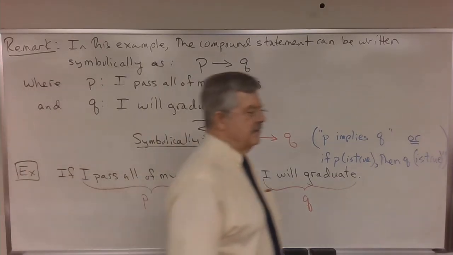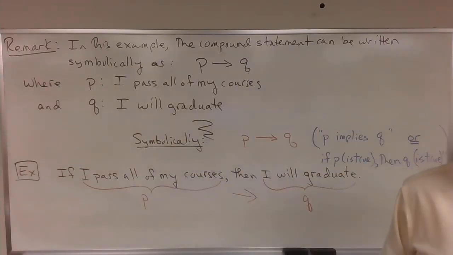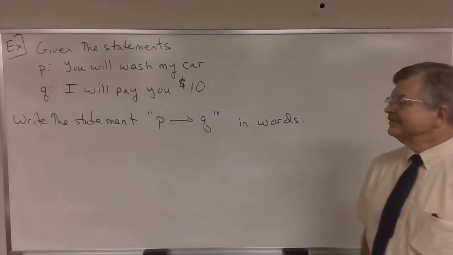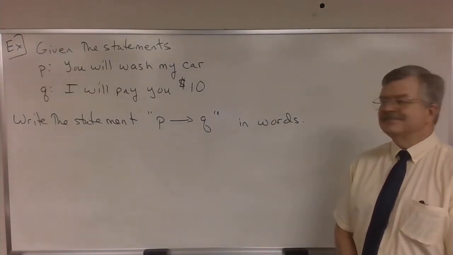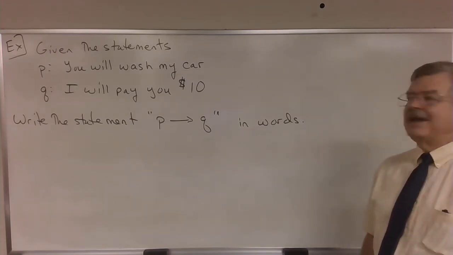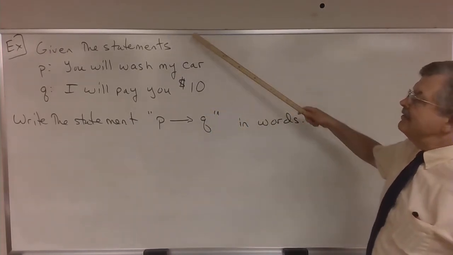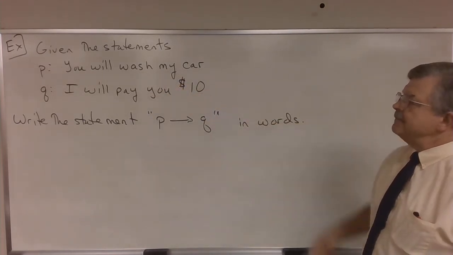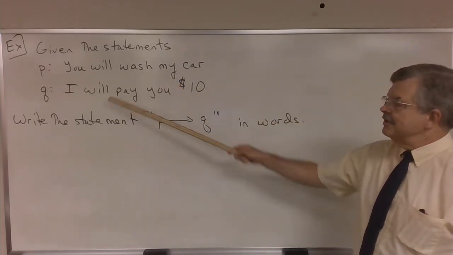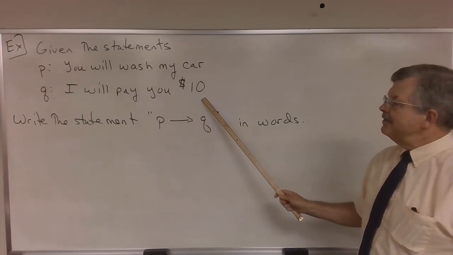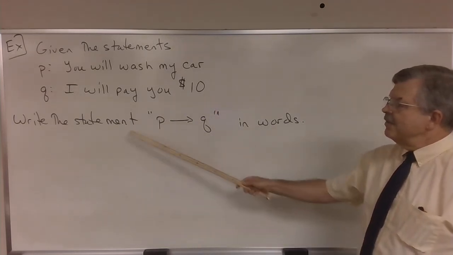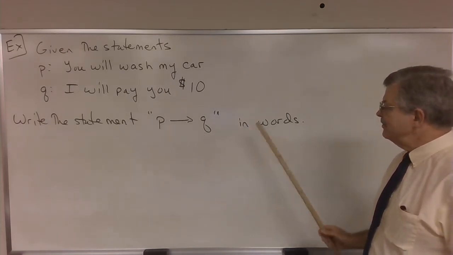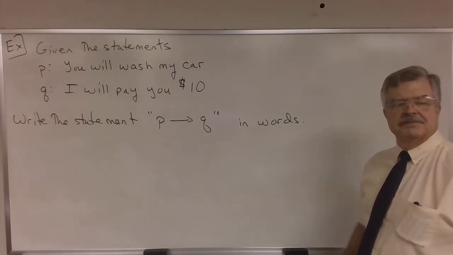Let's look at another one of these. Okay, another example. Given the statements P, you will wash my car, and Q, I will pay you $10, write the statement if P, then Q in words.